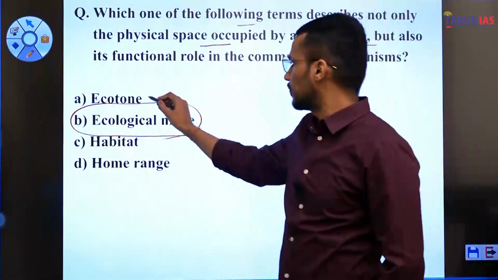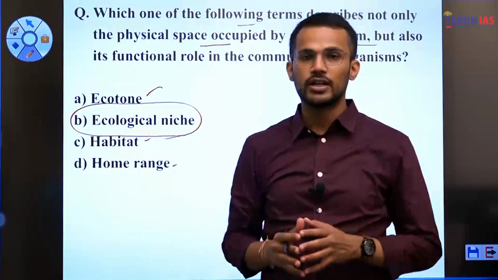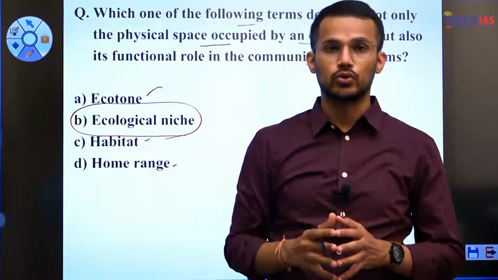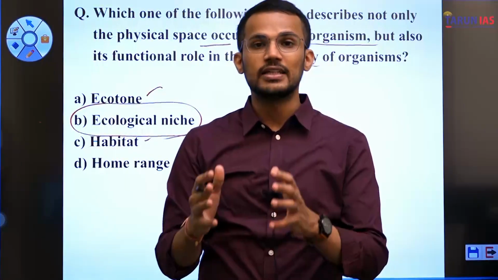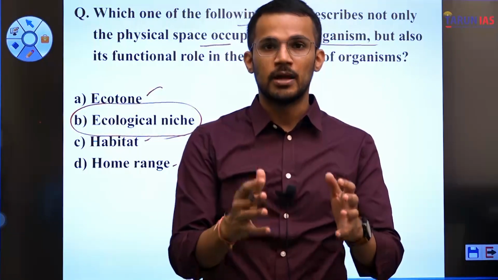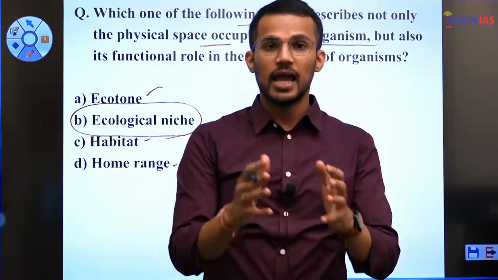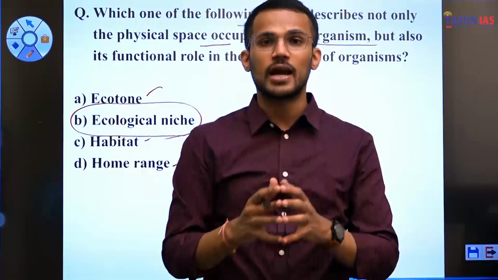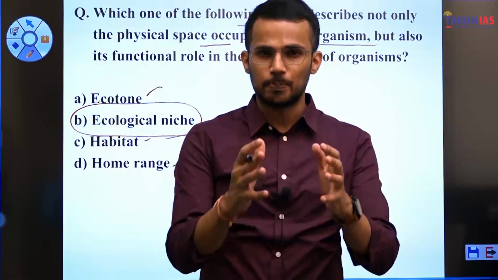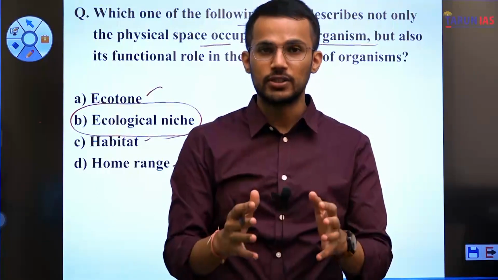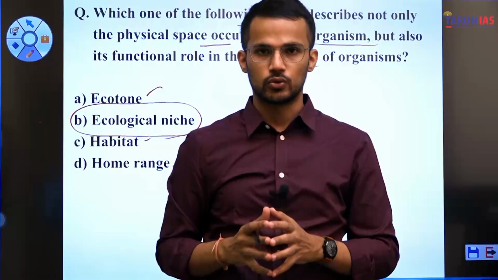But we will also define the other three terms. Ecotone, as we have already discussed, grasslands are ecotone. But what is the definition? Ecotones are the transitional ecosystem between two ecosystems, and they have very specific kinds of characteristics, as a result of which certain specific species will be seen in those ecotones.